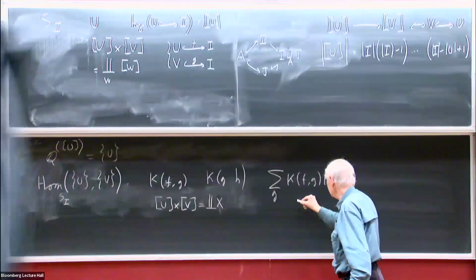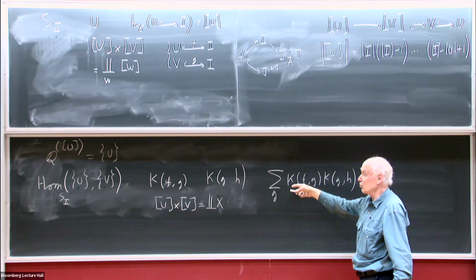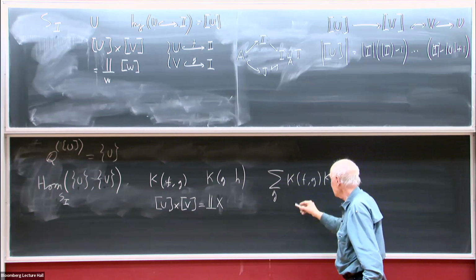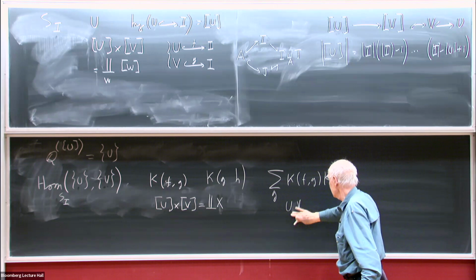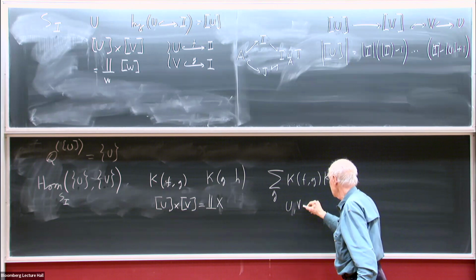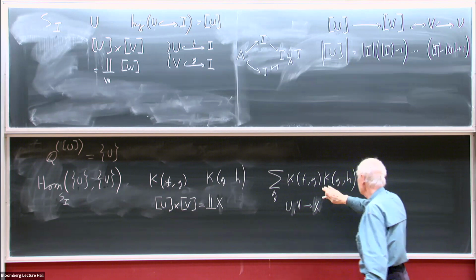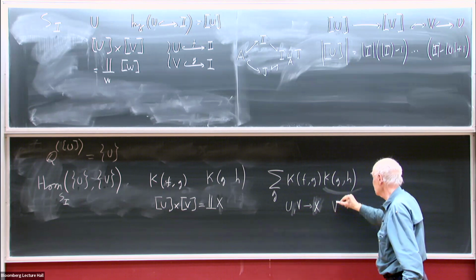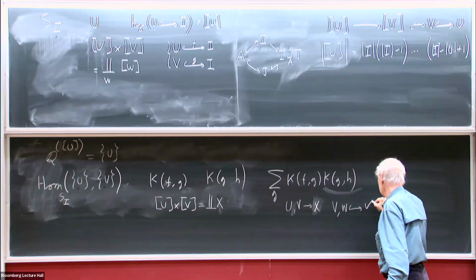Suppose I have a basis element in the Hom group, the characteristic function corresponding to some amalgamation X. And here, let me take a basis vector also in the Hom group corresponding to another amalgamation.